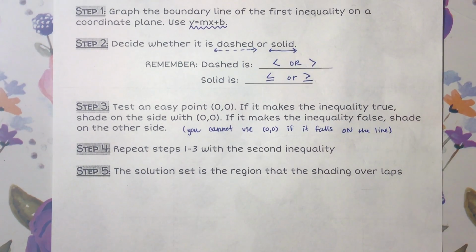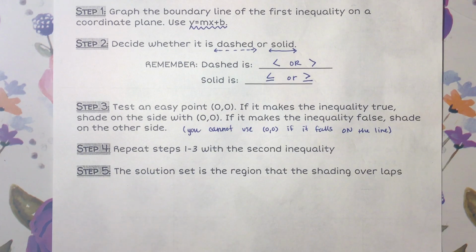So 99% of the time this won't be the case, but there has been an example or two where the line did go through the origin, so we wouldn't be able to check it in that situation. But usually use the point 0, 0, plug it into your equation, and then determine, does that make the inequality true or false? And then you shade.